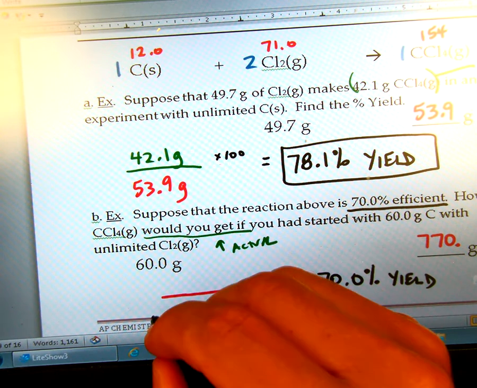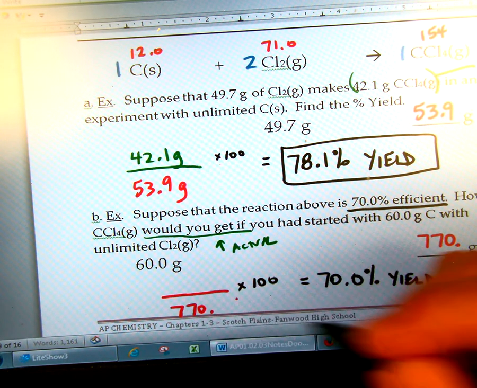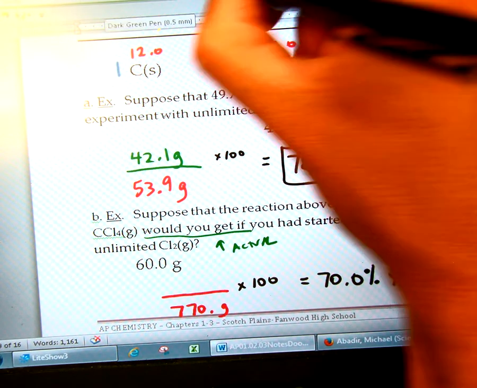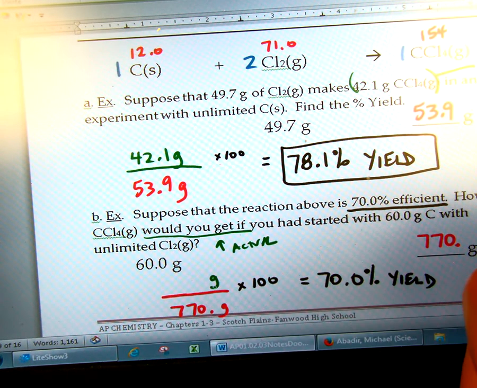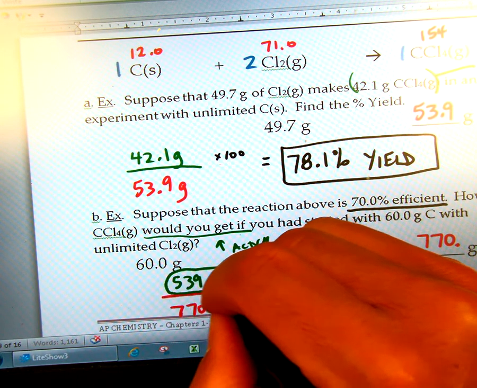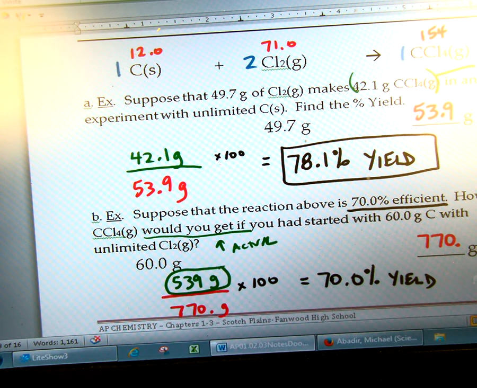I know the theoretical is 770 grams, and now I just want to find out what will I make from that. So it's just solving an algebra problem. So 0.70 times 770 will be 539. So this is what you would expect to get in the experiment if you're only 70% efficient. So remember, a problem can be designed in any way. It's not always going to ask for the same thing each time. But this is how you solve percent yield.